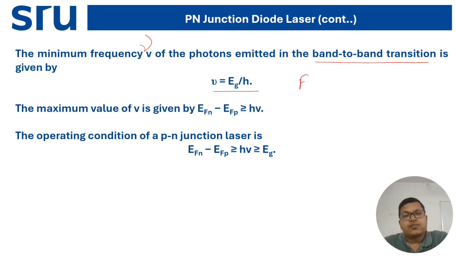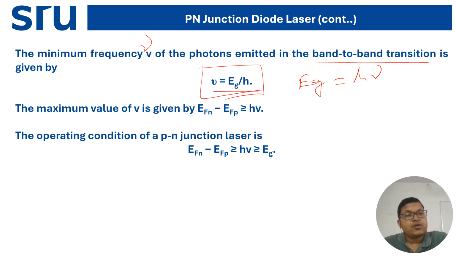Everybody knows this formula already: Eg equals h nu. So nu is the frequency, which should be equal to the band gap energy divided by Planck's constant h. We already know this formula.